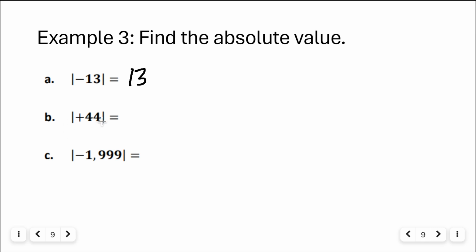The absolute value of 44, you are 44 units from 0 on the number line. The absolute value of negative 1999, you are 1,999 units away from 0 on the number line. Absolute value is always a positive number. The absolute value of a number is always positive, even if the number is already positive, because it's telling you the distance from 0 that you have to go on that number line to get to that number.